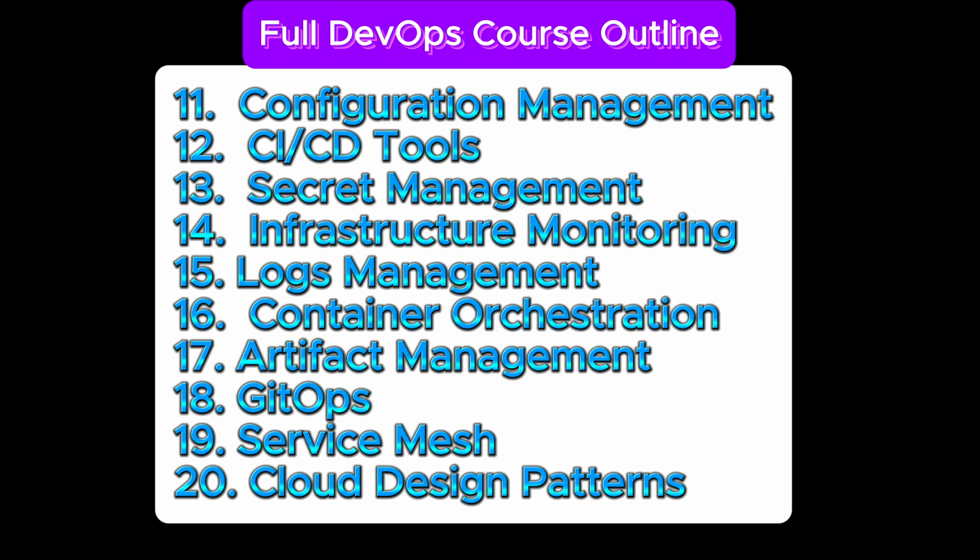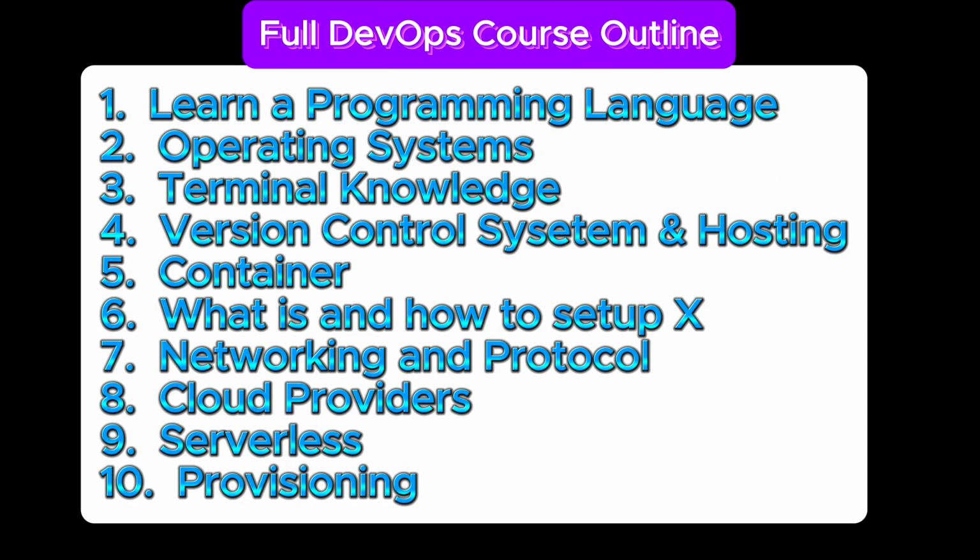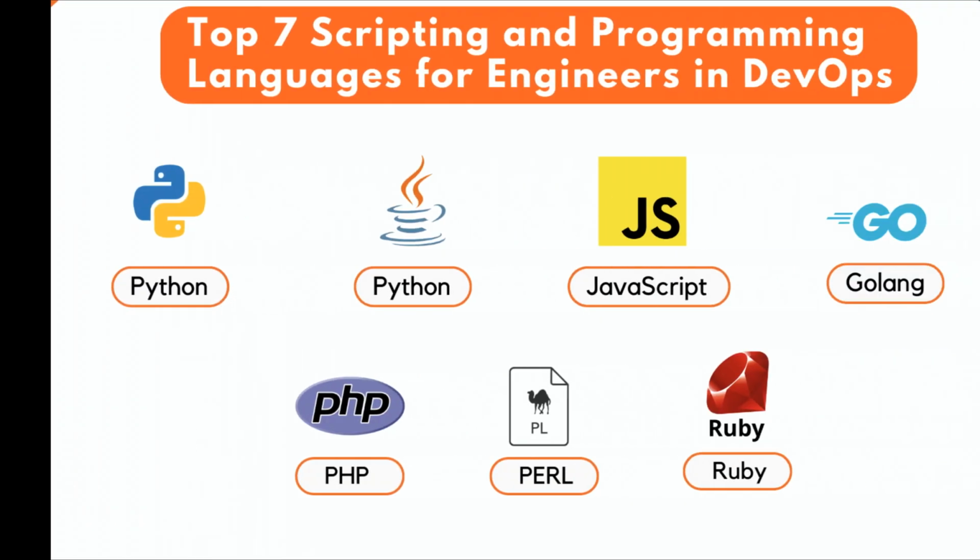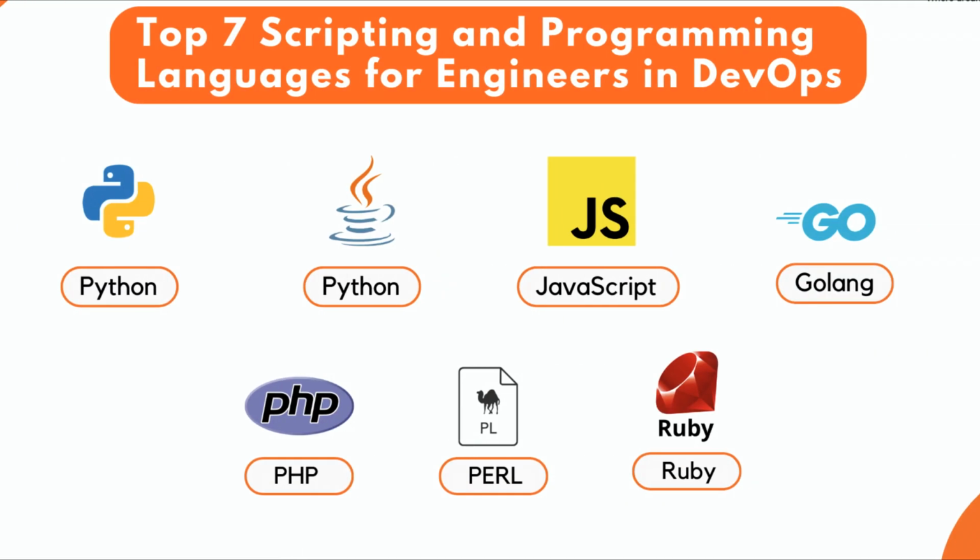So first of all, you must learn a programming language, right? It doesn't matter what language you pick, but it is important to learn at least one. You will be able to use that language to write automation scripts, and if you have understanding, you can also debug and fix minor issues.